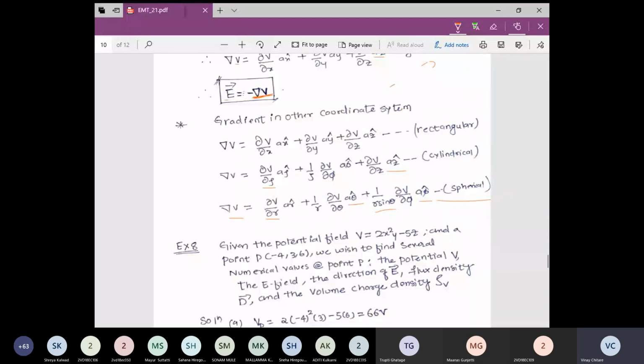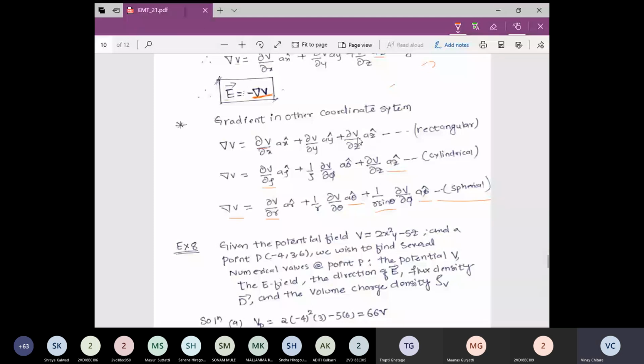So remembering this particular gradient is quite simple as compared to divergence. You could see this in all these three: dou V ax hat plus dou V ay hat plus dou V az hat is really common.